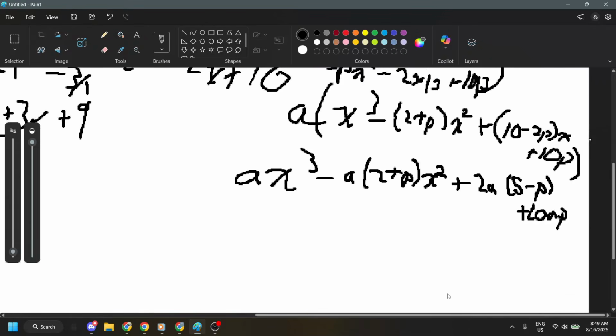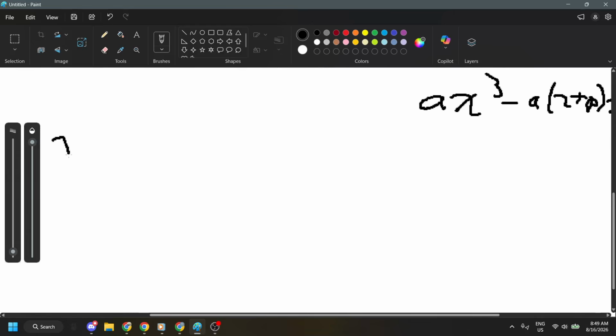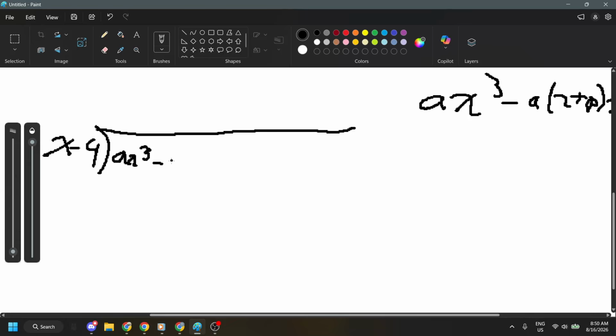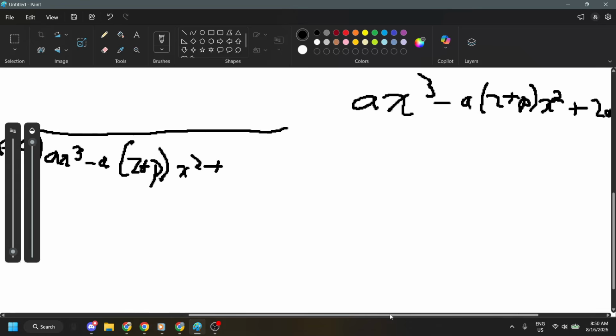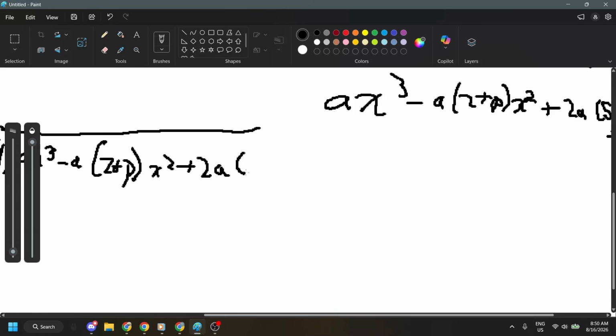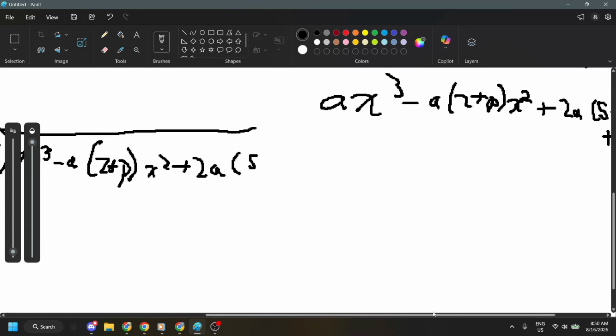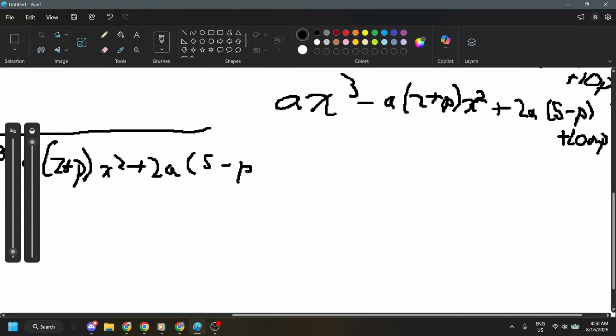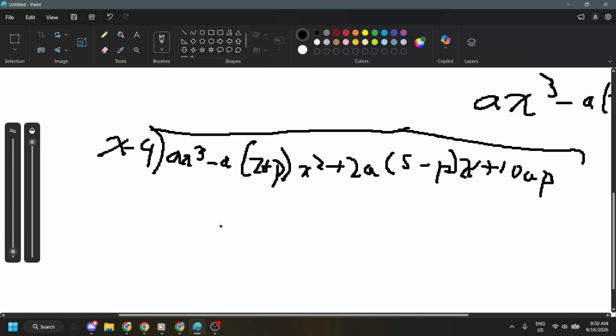Now we need to divide this by x minus 4. So we have x minus 4 dividing ax cubed minus a times 2 plus p x squared plus 2a times 5 minus p x plus 10ap.